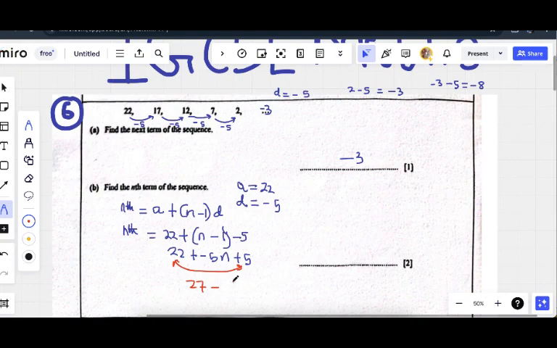Minus 5n. So this is the n term of this sequence. So you write here 27 minus 5n. It is also correct if a student writes minus 5n plus 27. Okay? Don't think the student is wrong. If a student writes the minus 5n first, before he writes 27, it's still correct.